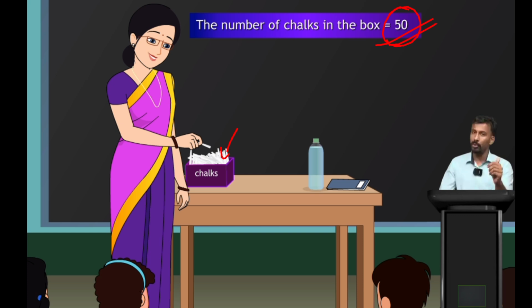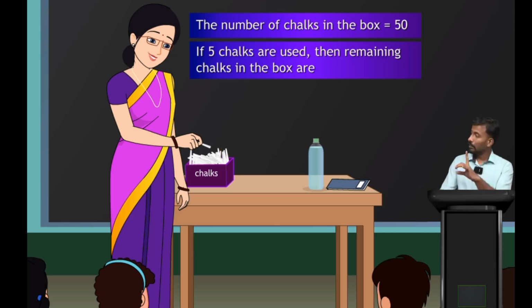Now, if 5 chalks are used, or you can say removed, or taken out, then the remaining chalks in the box will be what?